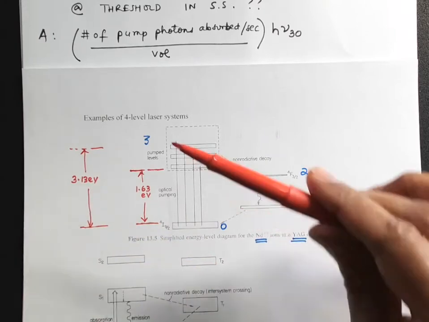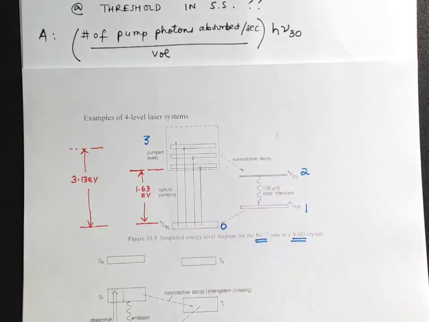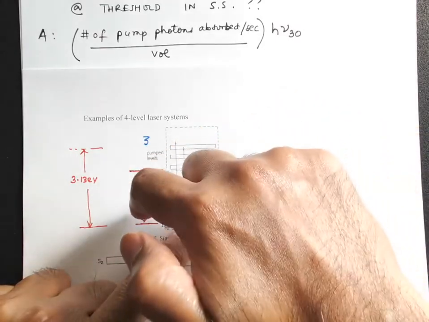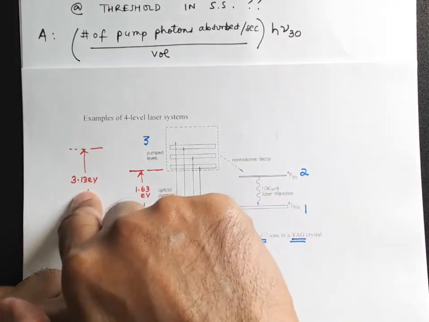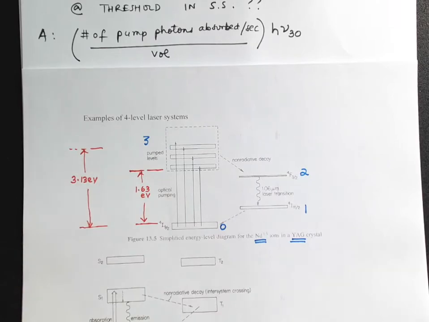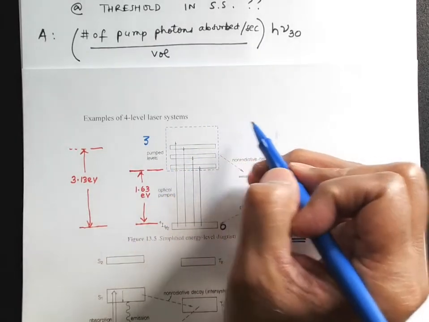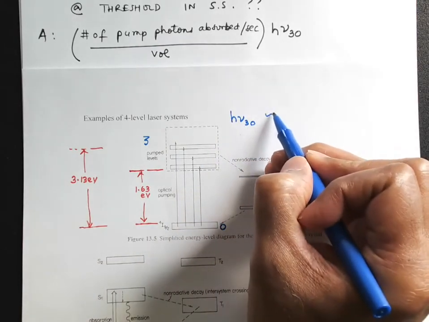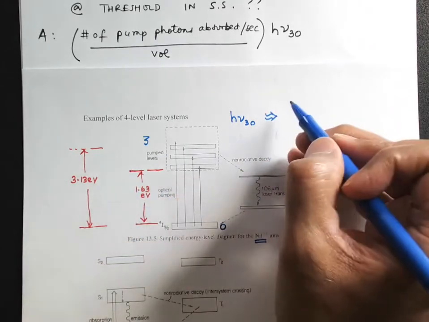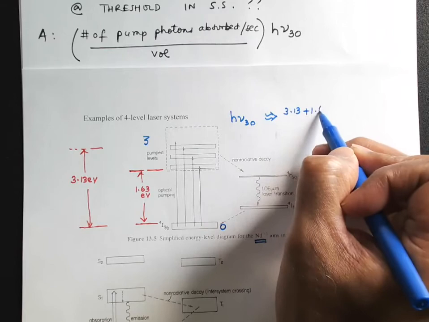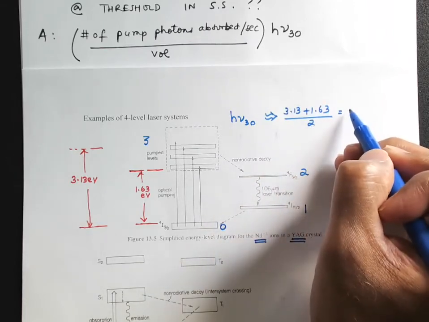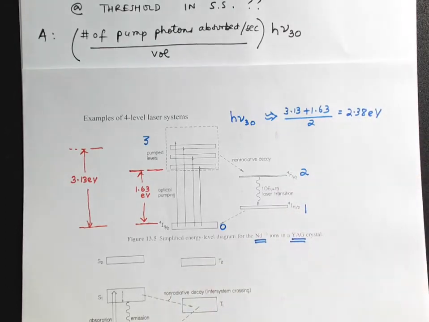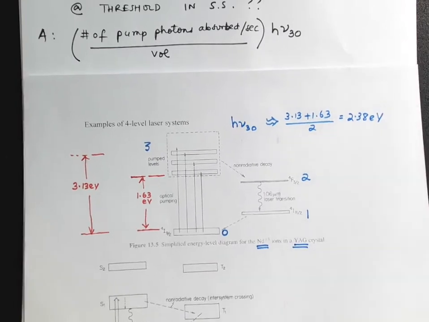So basically the photons being absorbed between level 0 and 3 range from 1.63 electron volts to 3.13 electron volts. So you just take an average, and what we're going to say is that H nu 30 corresponds to the average, which works out to 2.38 electron volts. So that's what I'm going to use in here.